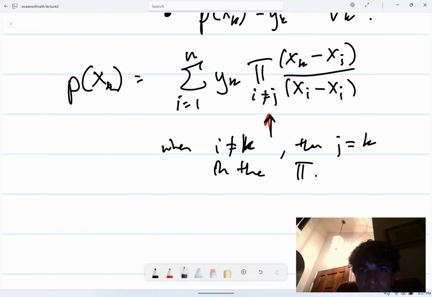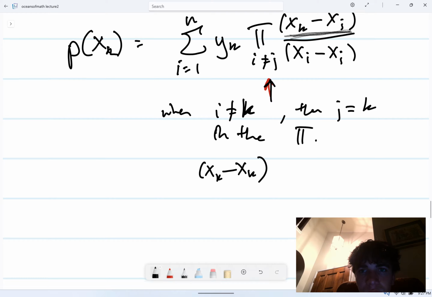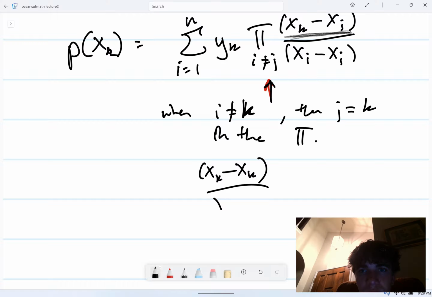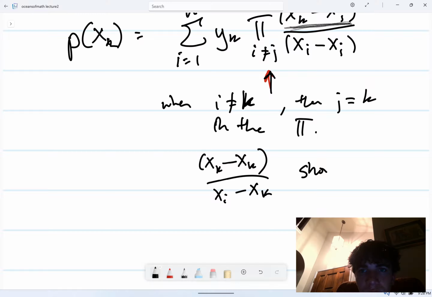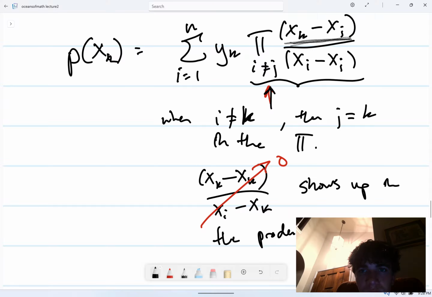But when j equals k, we can see here that the top piece is going to go to 0. We'll have x sub k minus x sub k in the product, basically. Excuse my notation, but this shows up in the product. And this term vanishes, right? x sub k minus x sub k goes to 0. So it turns out that when i doesn't equal k, this entire product is just 0. And that's by design, okay?